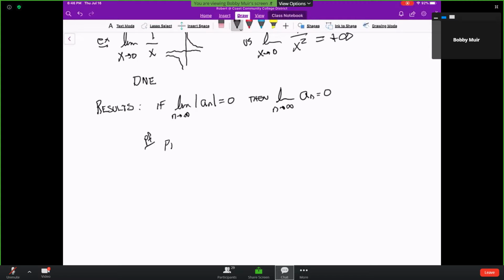So I'll pick an epsilon. Now, there exists an integer N bigger than 0, such that if n is bigger than this guy, the absolute value of a_n minus 0 is less than epsilon, right?